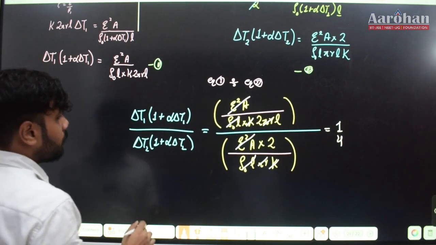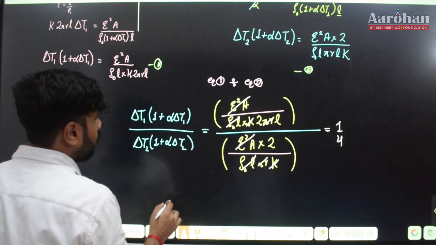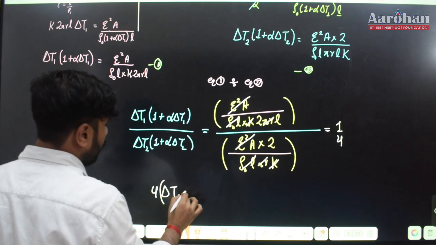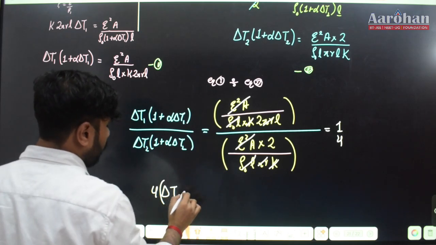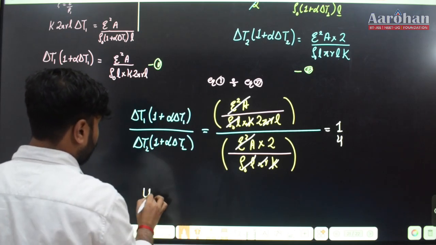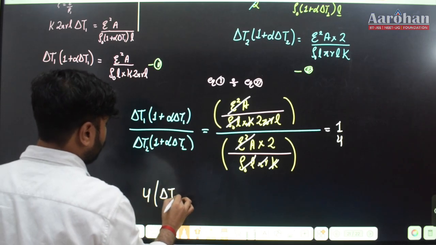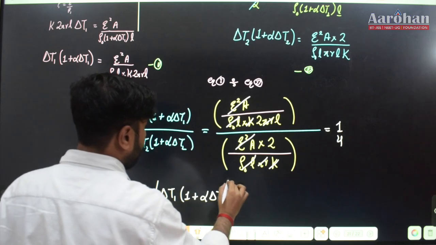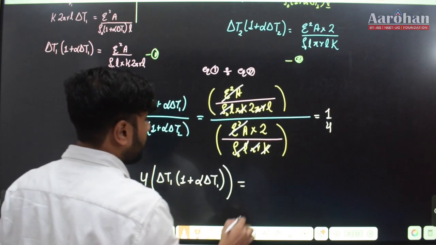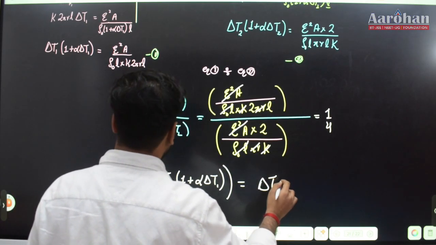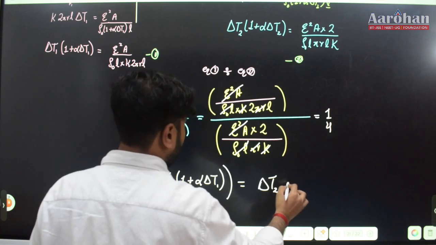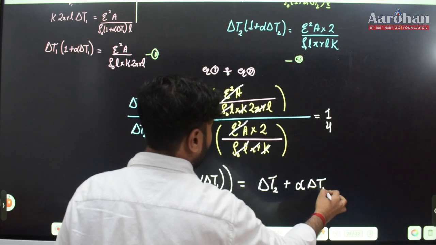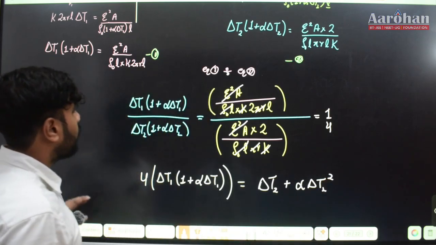And if you do the cross multiplication, you will get 4 times delta T1 times 1 plus alpha delta T1, right? This will be equal to delta T2, let's open it, delta T2 plus alpha delta T2 square. This is what we get.